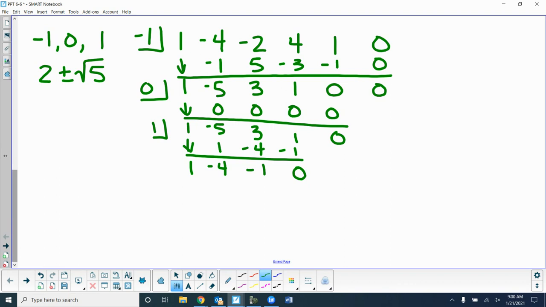So this problem right here is x squared minus 4x minus 1 equals 0. Okay? Can you factor this? Are there factors of negative 1 that add up to negative 4? No. So how do I solve that quadratic equation?